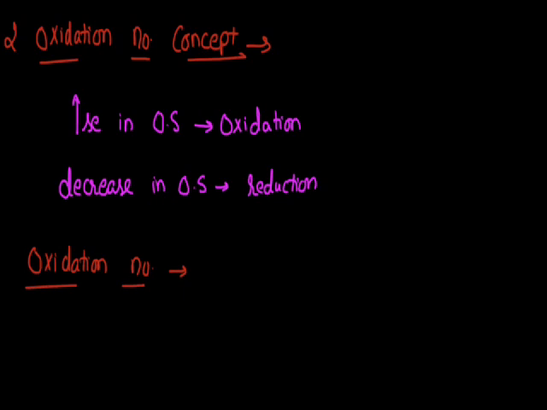In short, this oxidation number can be defined as the charge per atom. Or another short definition we can use is that it is the charge on a given element in the molecule.